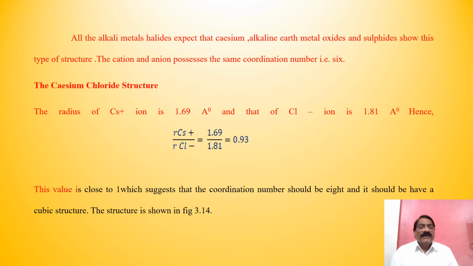This value is close to 1, which suggests that the coordination number should be 8 and it should have a cubic structure. The structure of CsCl is represented in the figure.